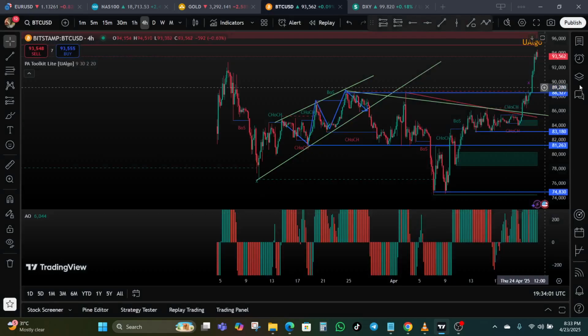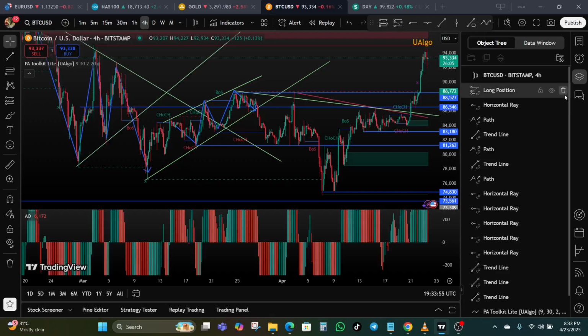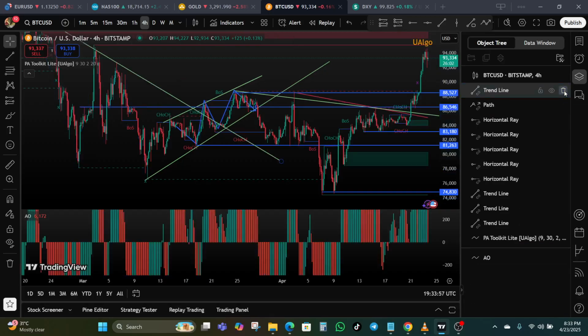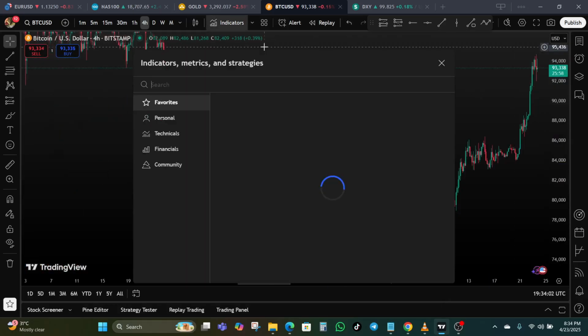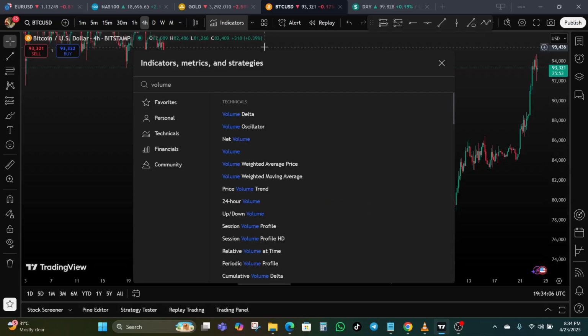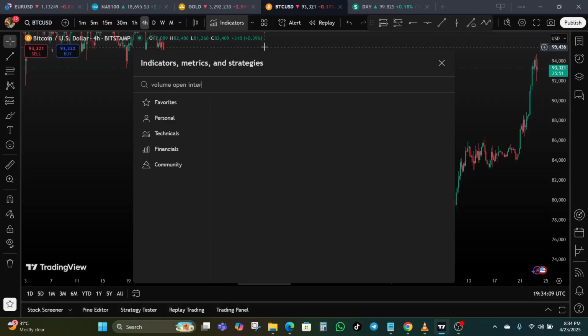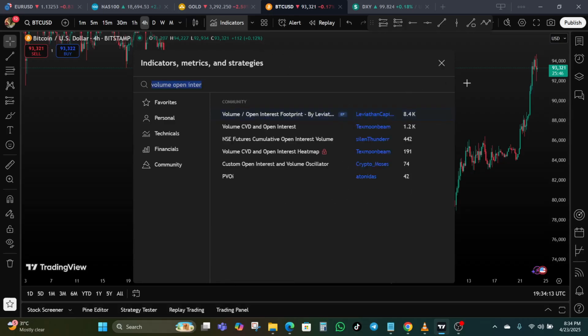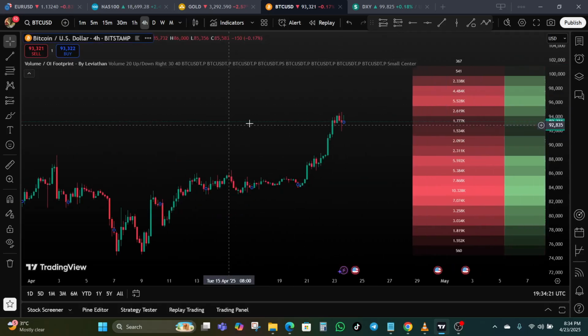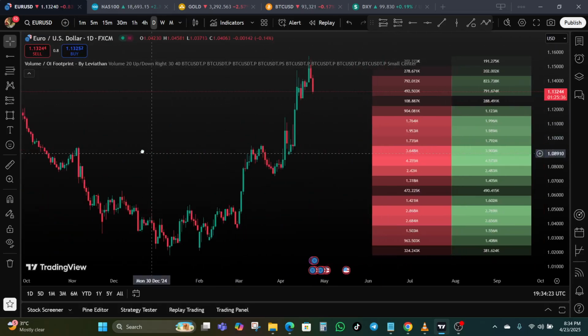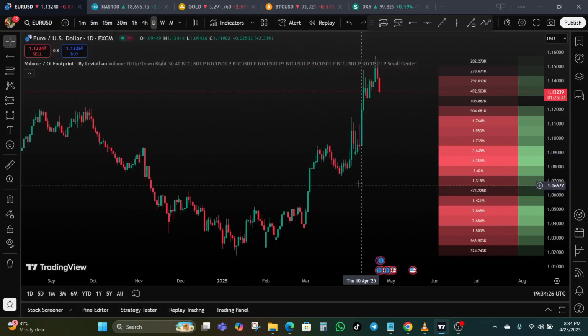Okay, I'm just going to add it to this chart. It seems like this particular version of the indicator seems to be selective. Okay, I think I was wrong.